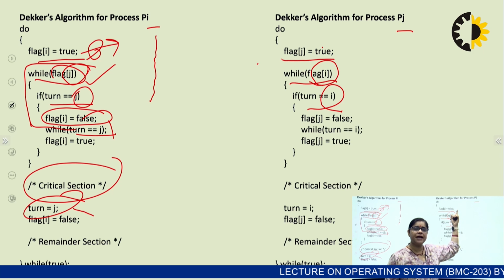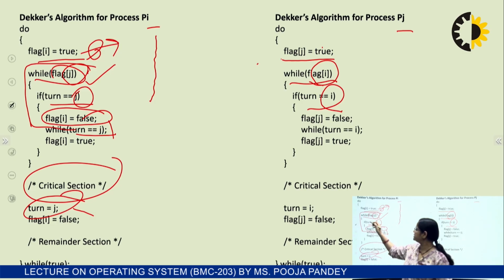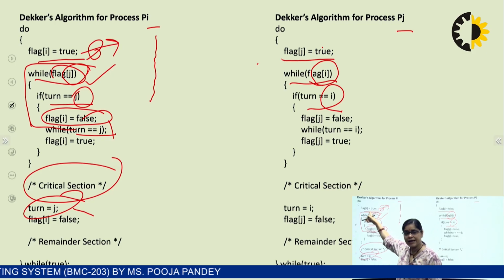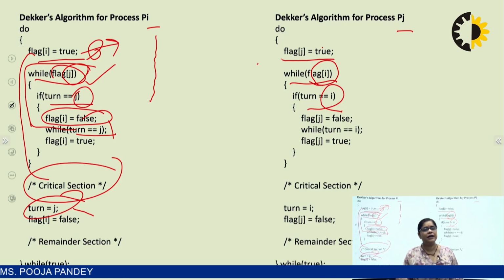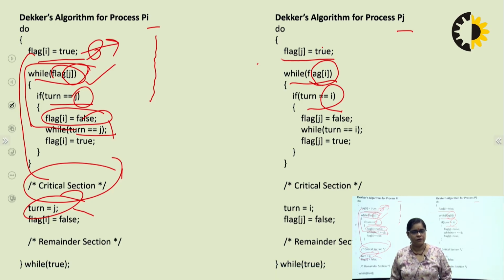Now suppose flag j has been delayed by 2 or 3 seconds. Then it is not going to ask flag j. The process pi will directly enter into the critical section and process accordingly. So that is what Dekker's problem is, right?